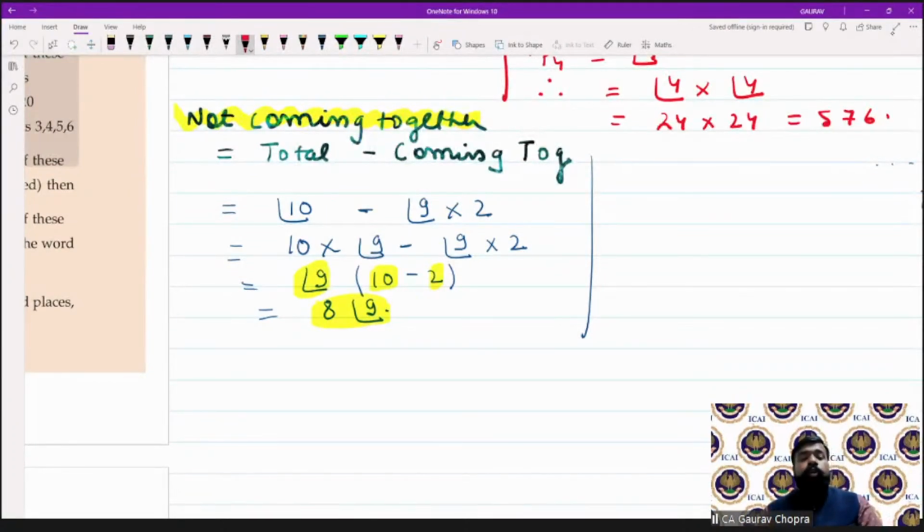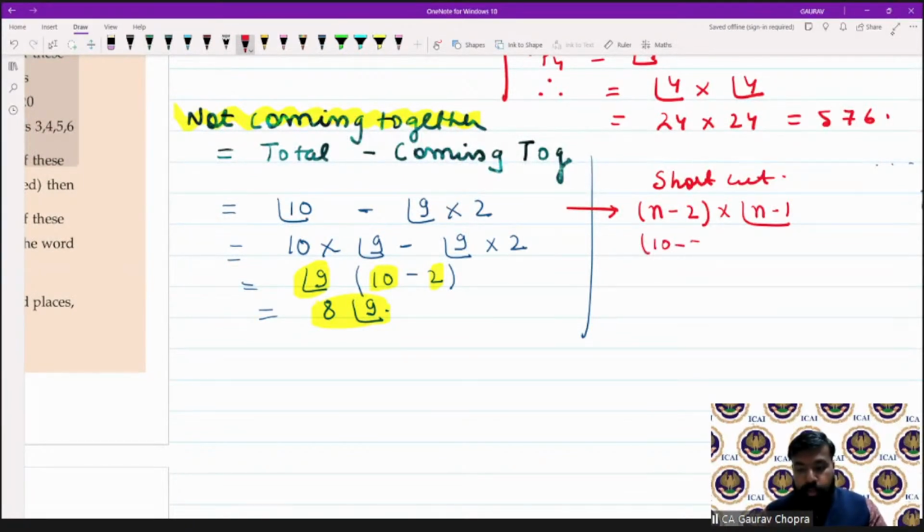And if you don't want to do it this way, then there is one shortcut formula. What is the shortcut formula? It is n minus 2 multiplied by factorial n minus 1. Whenever such cases of not coming together appear, you can use this formula, n minus 2 multiplied by factorial n minus 1.